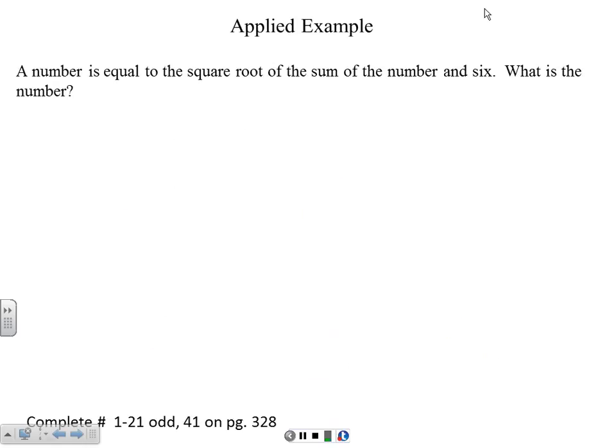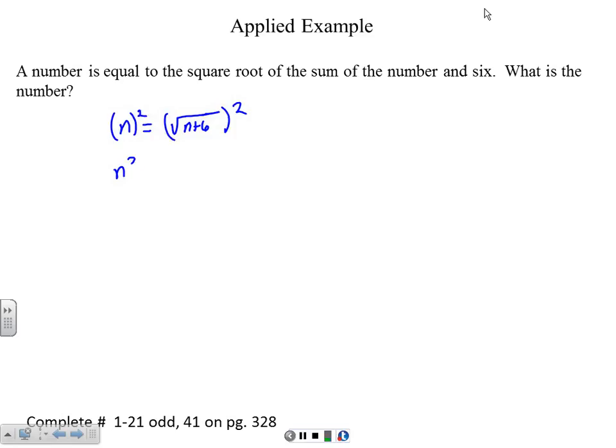Alright, here, a number is equal to the square root of the sum of the number and 6. What is the number? A number is equal to the square root of the sum of the number and 6. So that's going to be n plus 6. What is the number? Well, let's square both sides.